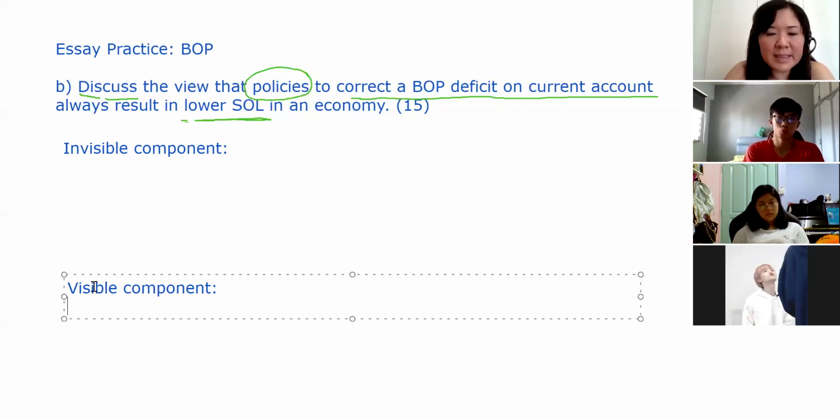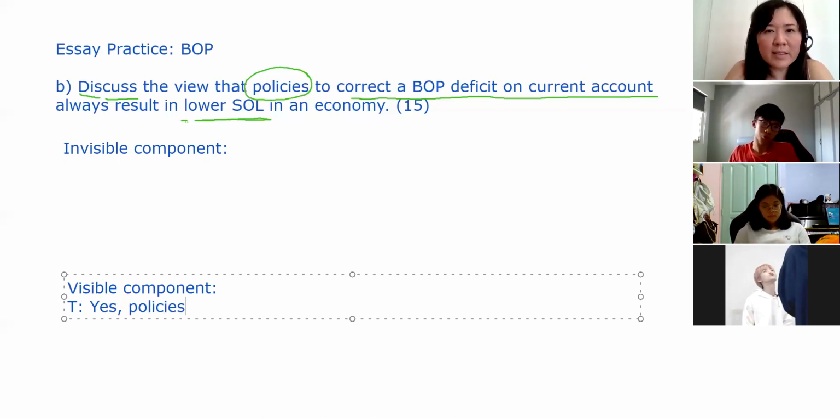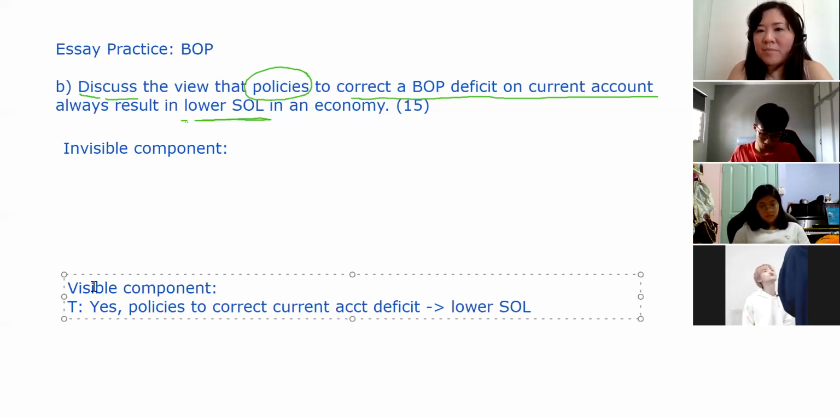The thesis will be along the lines of: yes, policies to correct the current account deficit will lower SOL. Agree?